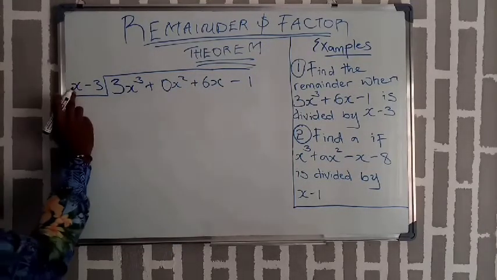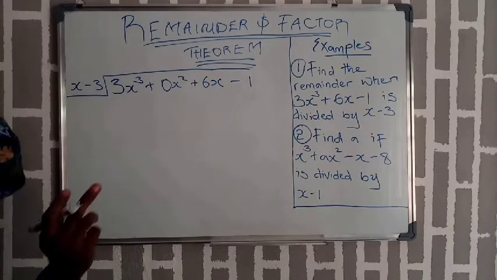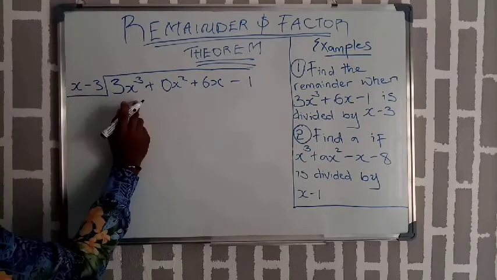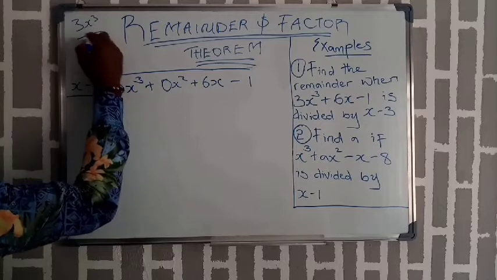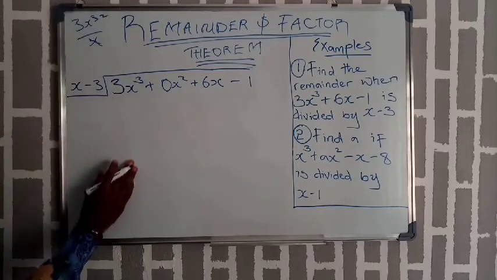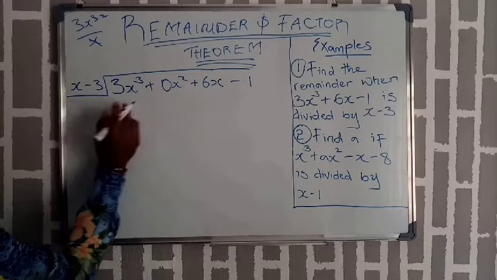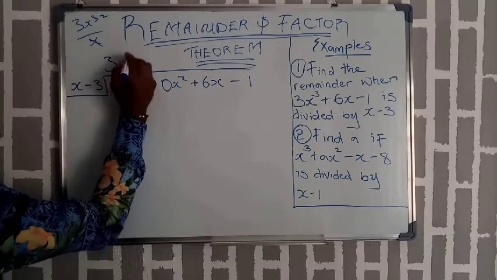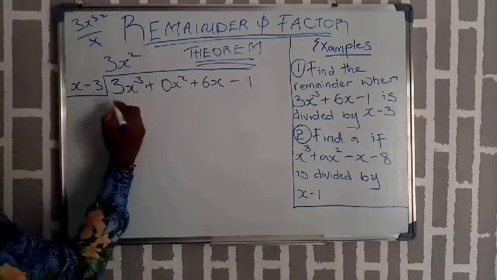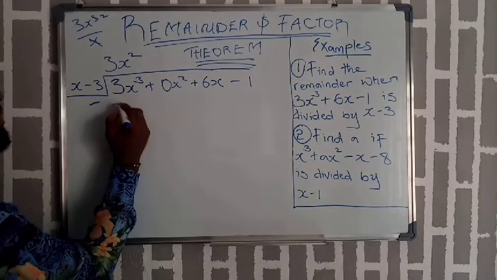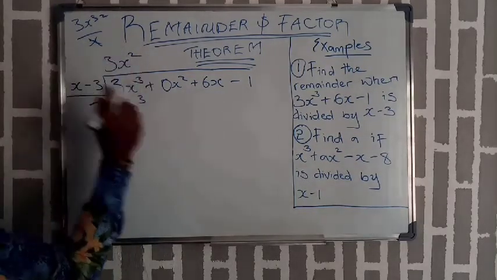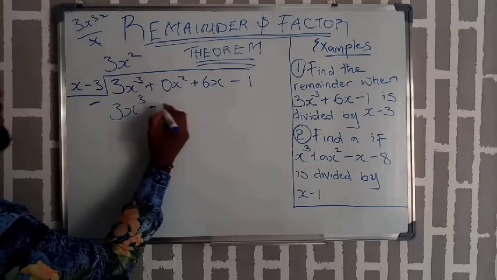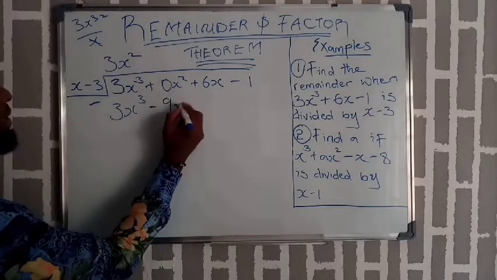So now we take this, dividing the first one, as simple as that. This dividing this, which is 3x cubed over x, this becomes x squared. You can learn my indices videos, because I want to be fast in this. So this is 3x squared. When you multiply, you get 3x cubed, you multiply this by this also, you get minus 9x squared.